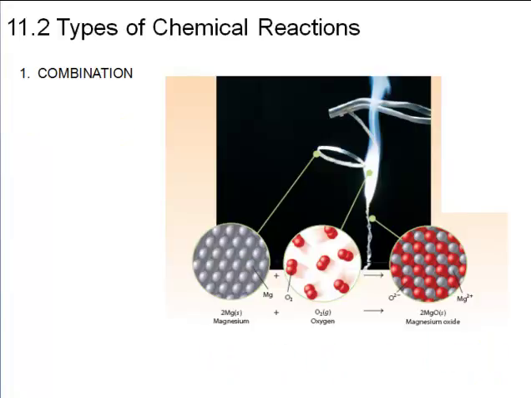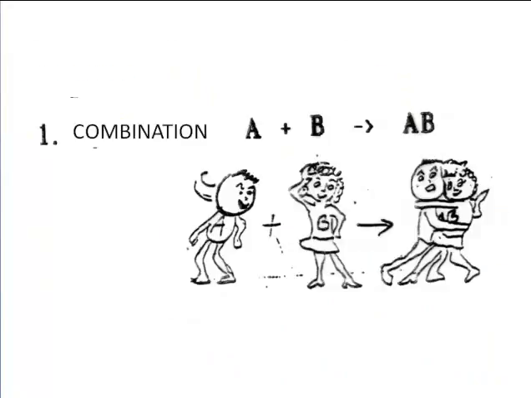Okay. Now let's take a fun look at this. If you were to put this reaction with relationships like I always do, combination reactions like this. Here's A. We have Mr. Happy Guy. And there's B, a lonely girl. And they get together and they become a couple.